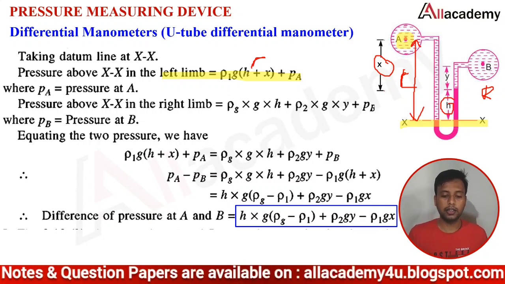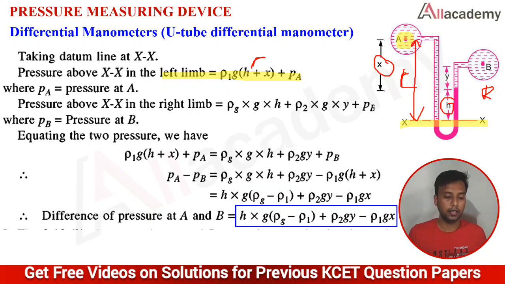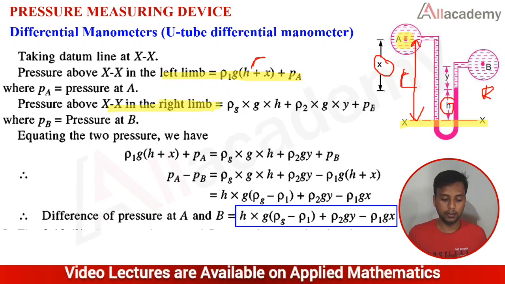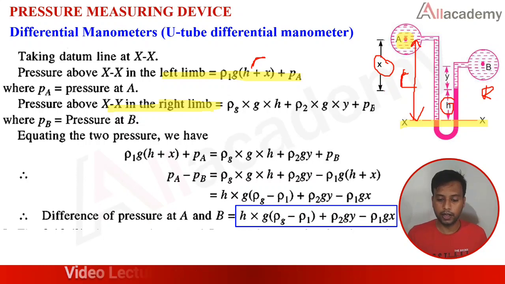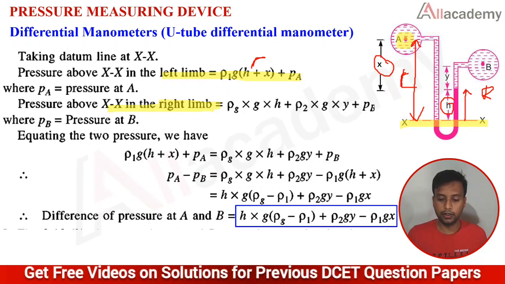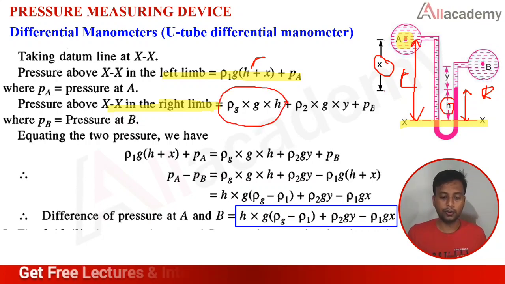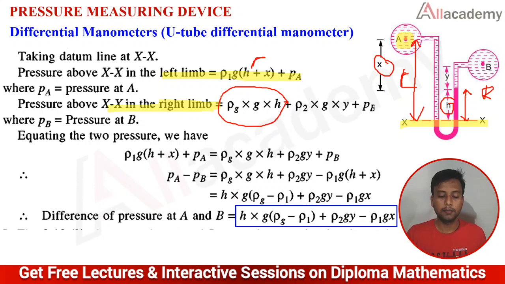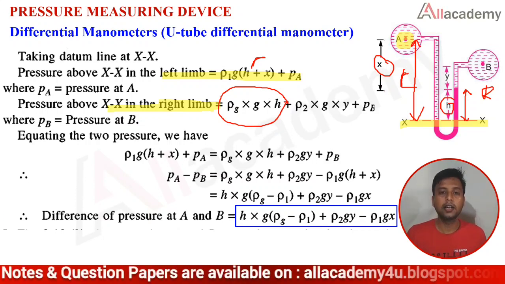So the pressure in the left limb becomes rho 1 g (h plus x) plus PA. PA is an unknown pressure. Similarly, the pressure in the right limb, so this is the right limb. Here in the right limb, we have the density of mercury, and the mercury has also risen to some height h, so I have taken that: rho g into h. h is the height of mercury from the x datum line.